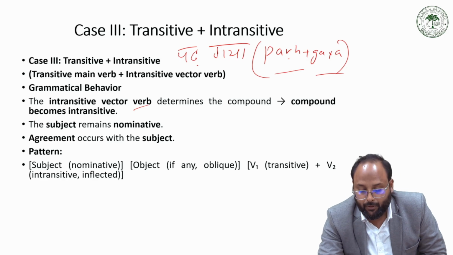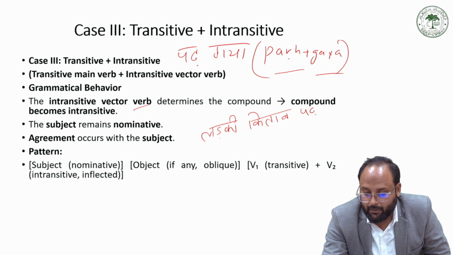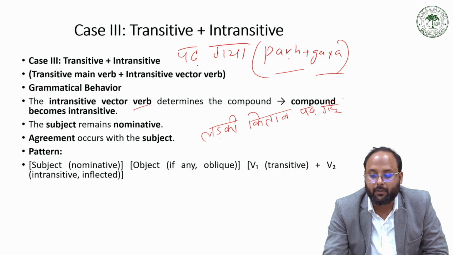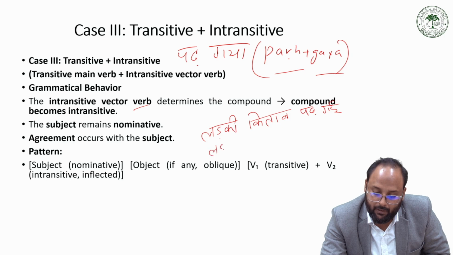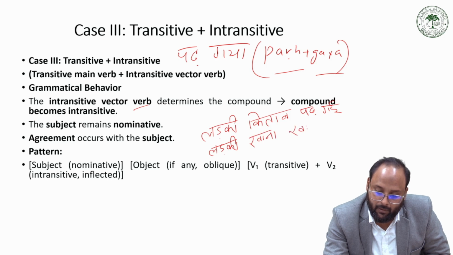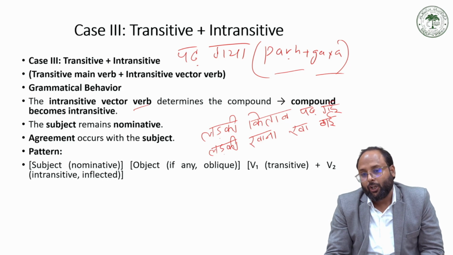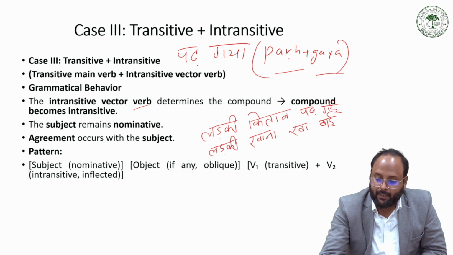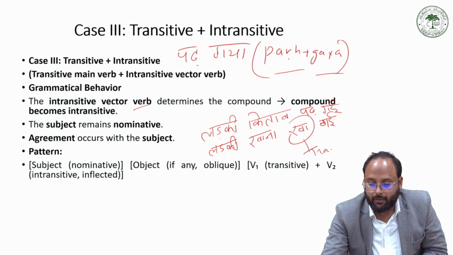Like लड़की किताब पढ़ गई. If I am saying लड़की खाना खा गई, in this case kha is the transitive main verb, and gai is intransitive.